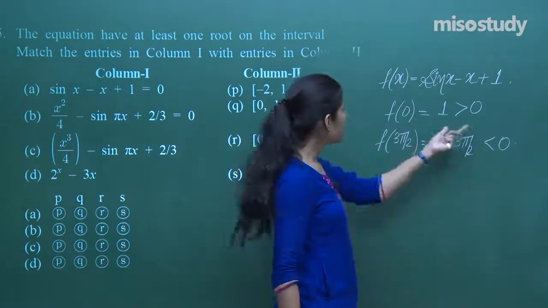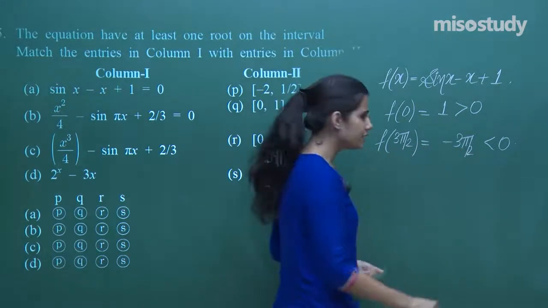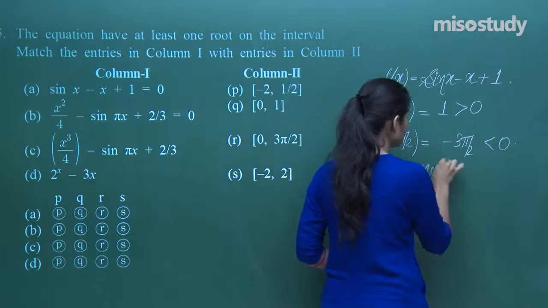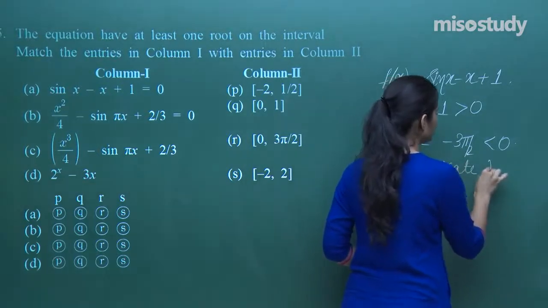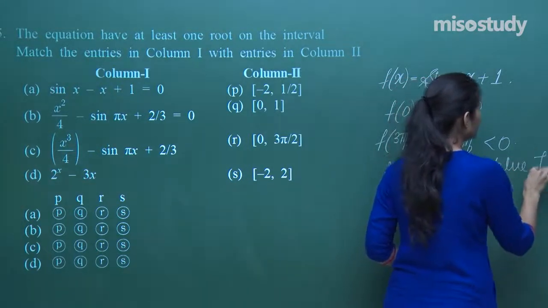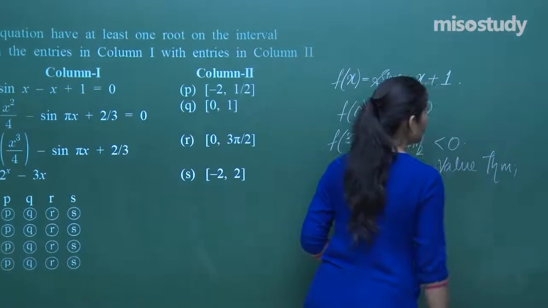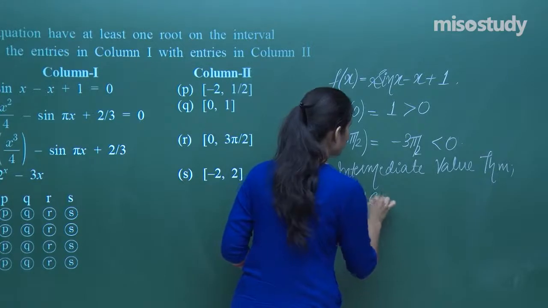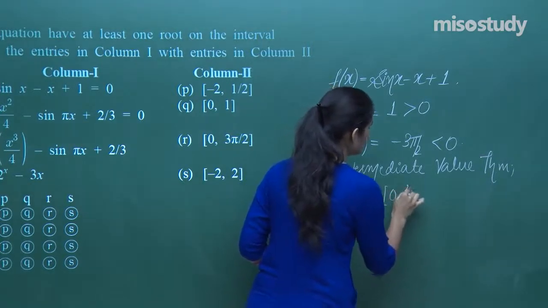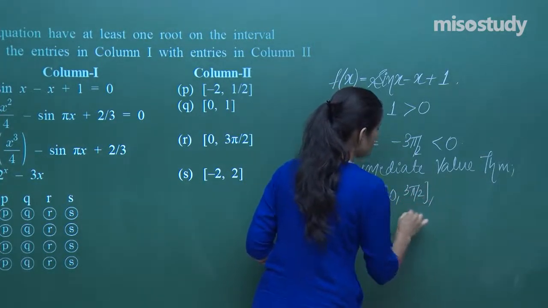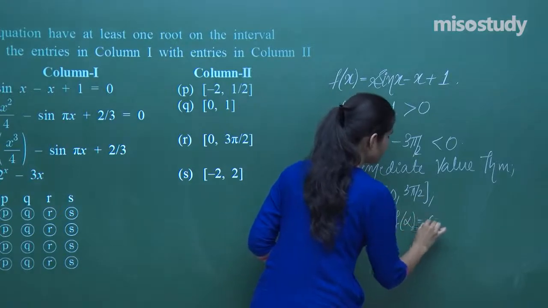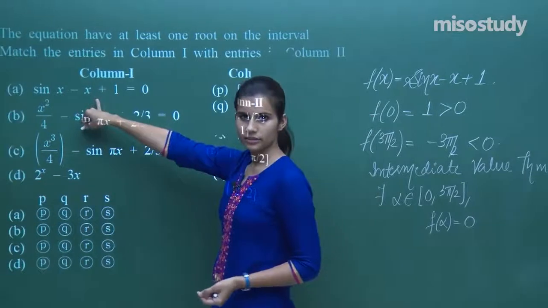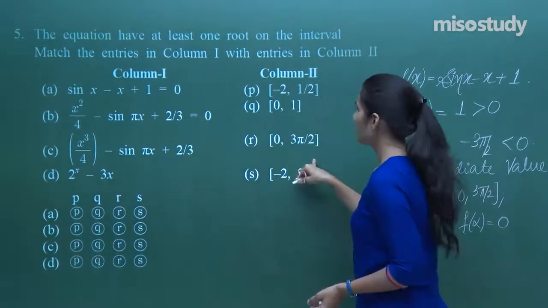If f of 0 is positive and f of 3 pi by 2 is negative, by the intermediate value theorem there exists some alpha belonging to 0 to 3 pi by 2 such that f of alpha is 0. That means yes, there is a root of this function in 0 comma 3 pi by 2.